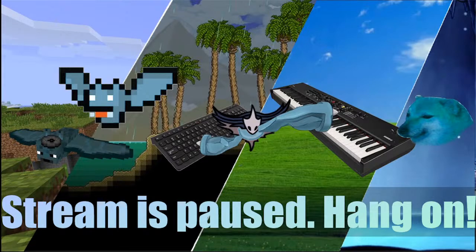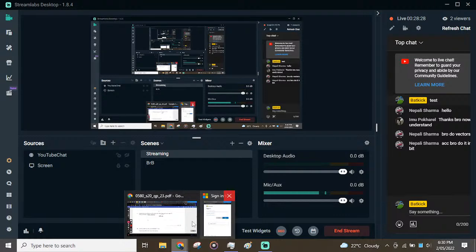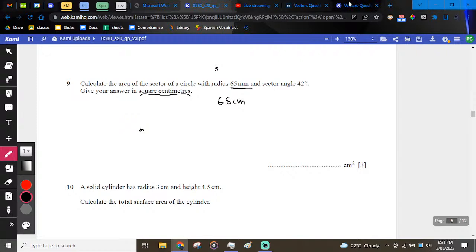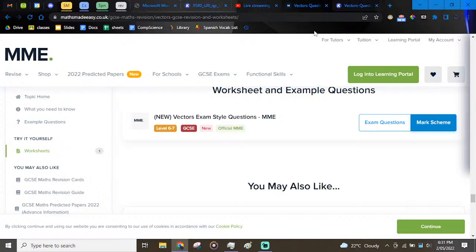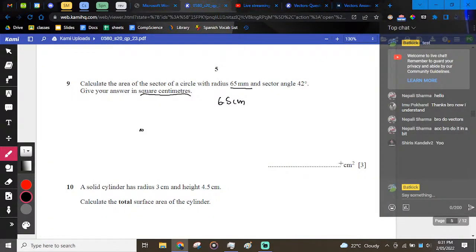Actually, I don't need Microsoft Paint. I just got a PDF. Okay, this one. Okay, I've uploaded it. Alright. Tell me when you wish to do vector questions, and I'll pull them up. They're sitting here. I think the mark scheme will be helpful. Okay. Tell me when you want to do them then.